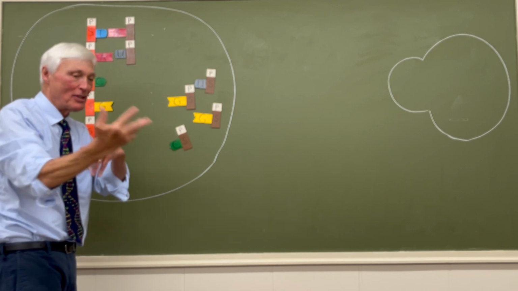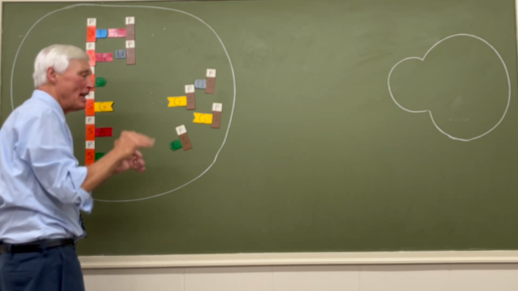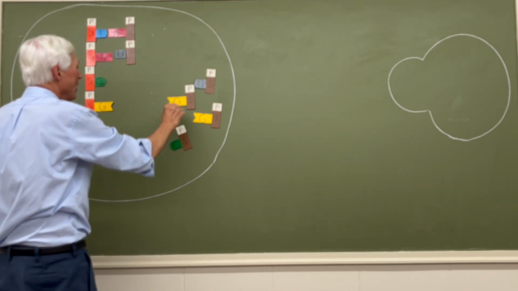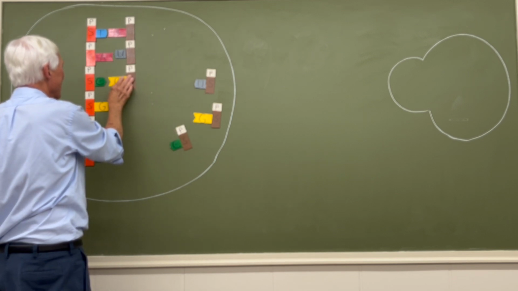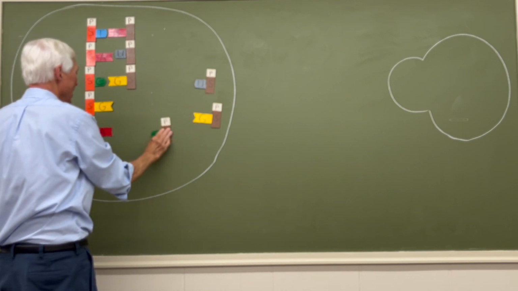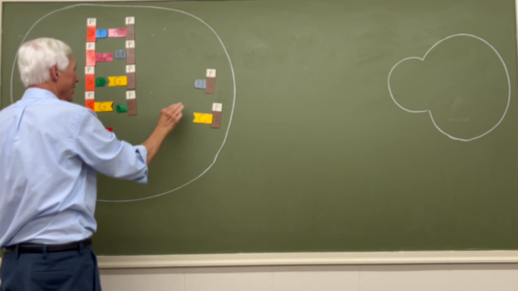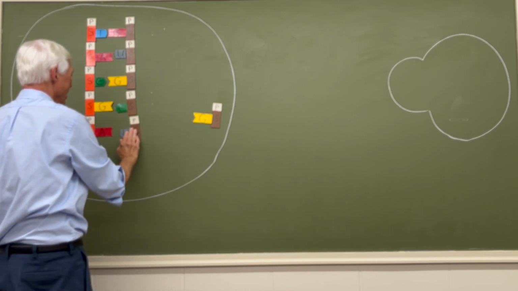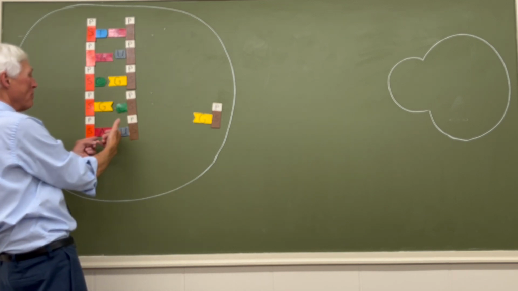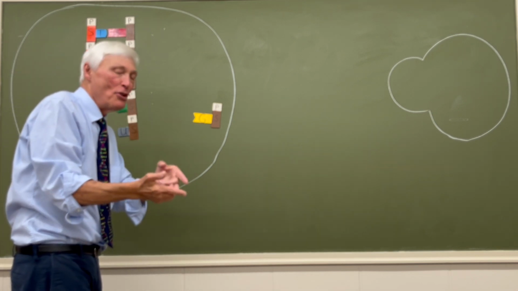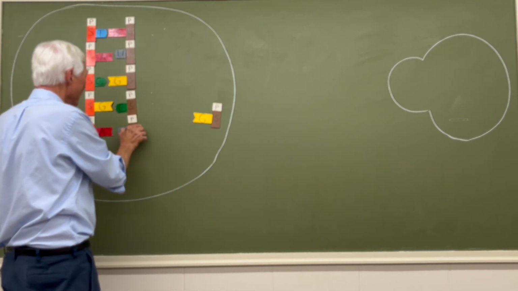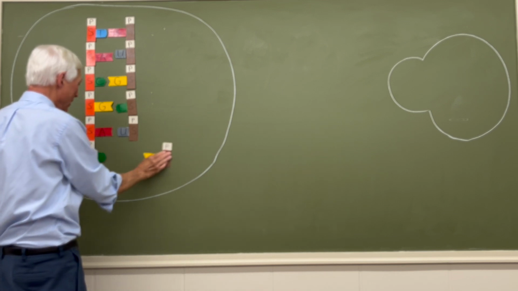Remember, enzymes are controlling all of this. My hands would be like the enzymes. This G is probably going to be attracted to the C, to the G, the U to the A. You think T, but remember there's U in RNA and not T. And then this G attracted to this C.